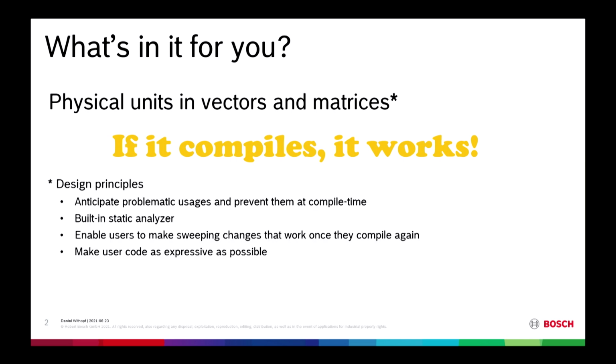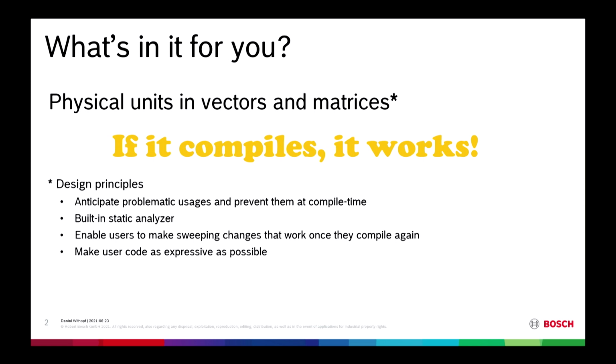So what do I mean when I say if it compiles, it works? Throughout the talk, we'll follow a few design principles. First of all, we try to anticipate problematic usages and prevent them at compile time wherever possible. This will go so far that it almost feels like a static analyzer built into your C++ compiler. So it's effectively your math and physics teacher in the C++ type system.